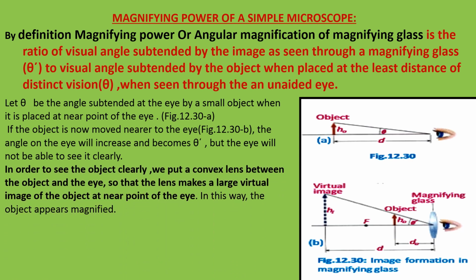In order to see the object clearly, we put a convex lens between the object and the eye, so that the lens makes a large virtual image of the object at the near point of the eye. In this way, the object appears magnified, and the angular magnification of a simple microscope is given by m equal to theta dash over theta.